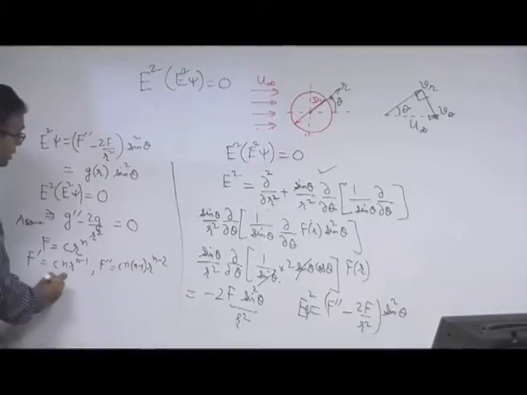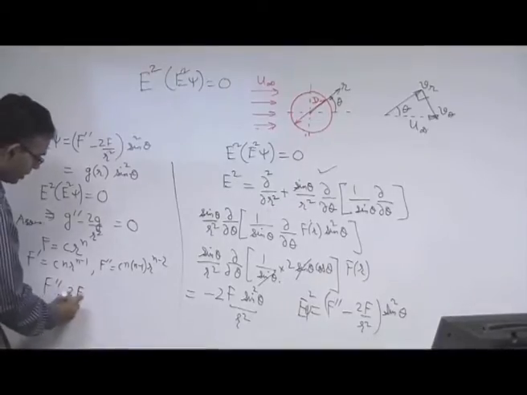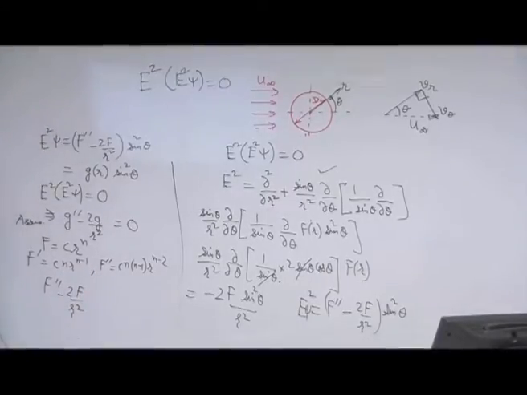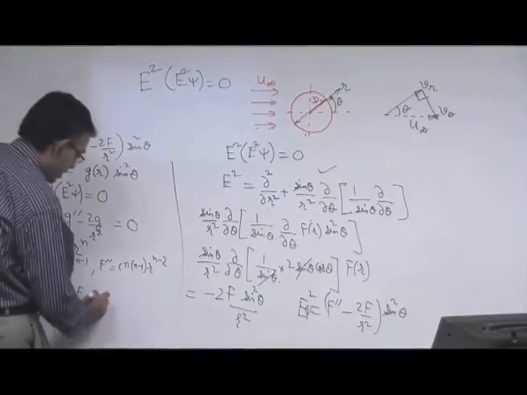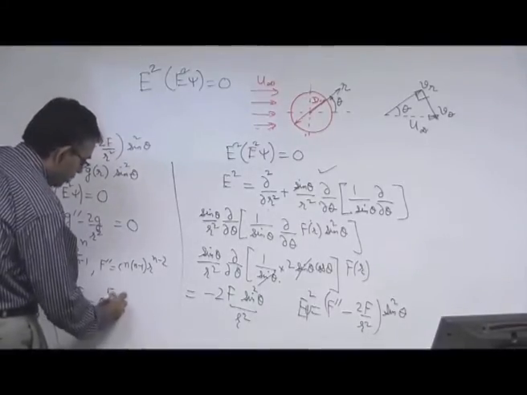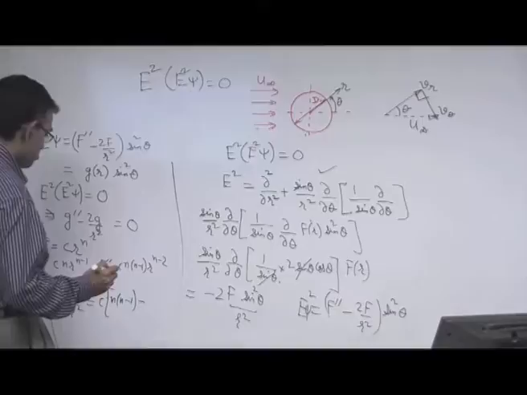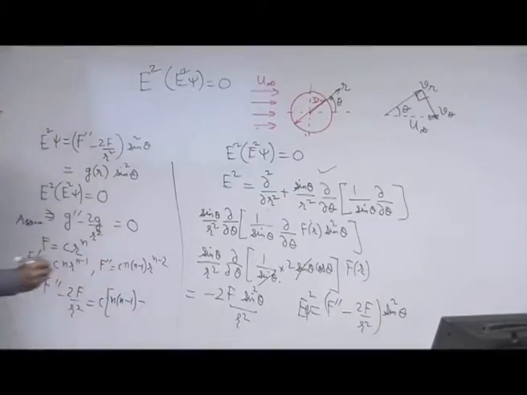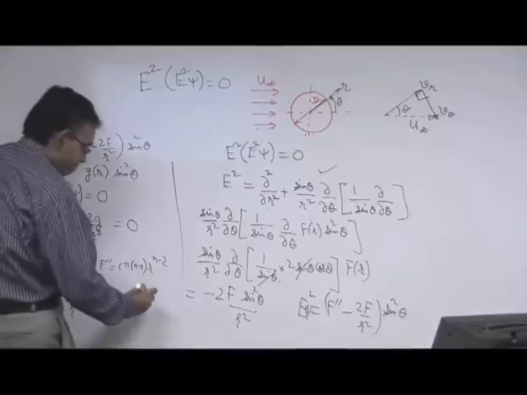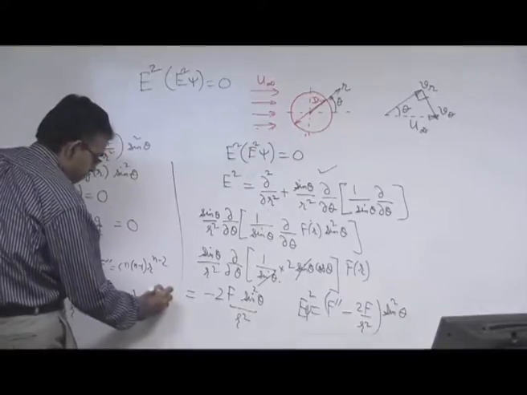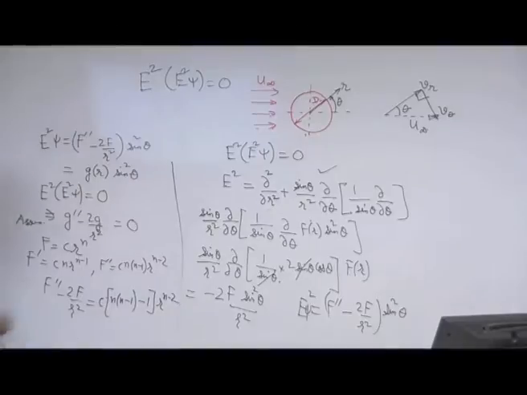So, f double dash minus 2f by r square, what is it? This is c n into n minus 1 minus 2, right.